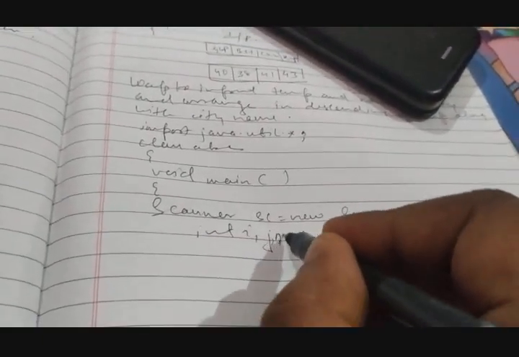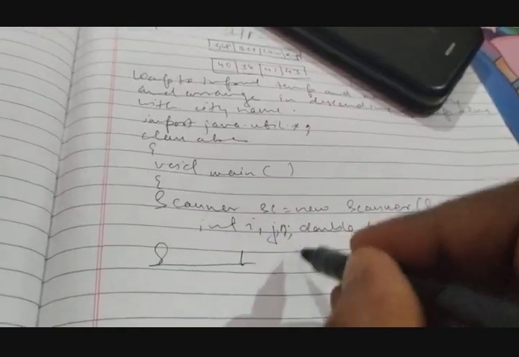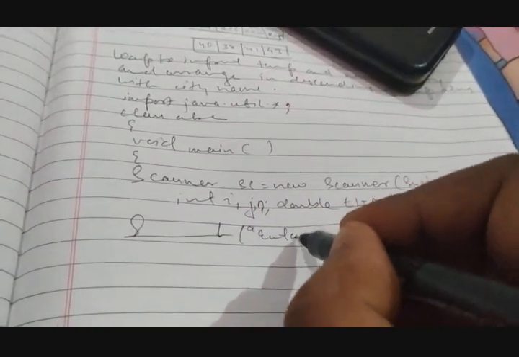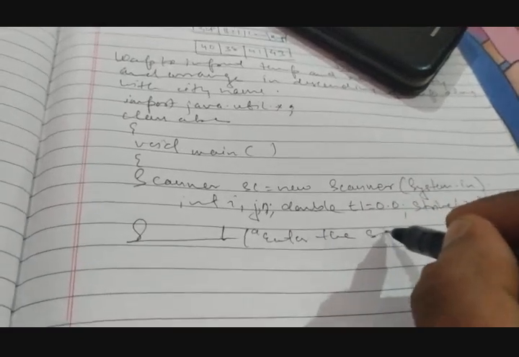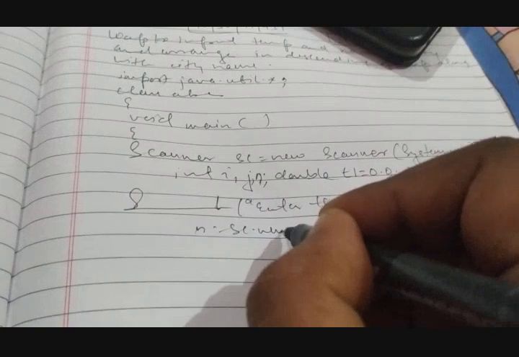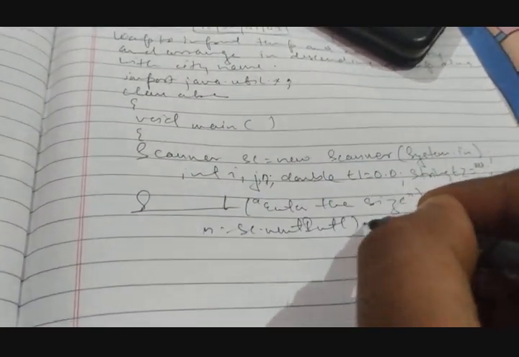You need a size n, so sop enter the size, n equals to sc dot nextInt method.